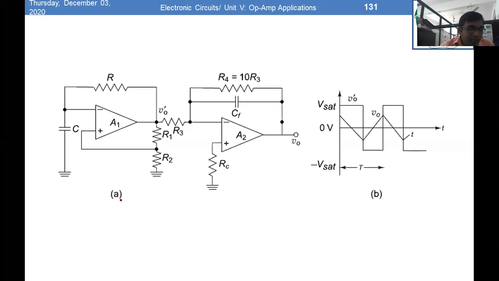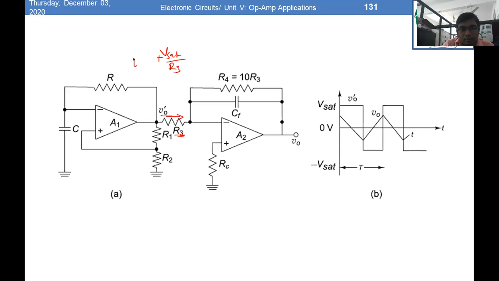So here, you can assume that the voltage of the first stage, that is V0 dash, is high at plus Vsat initially, and this forces the current plus Vsat upon R. What is the current in this network? Current in this network is V0 dash upon R3, that is Vsat upon R3.